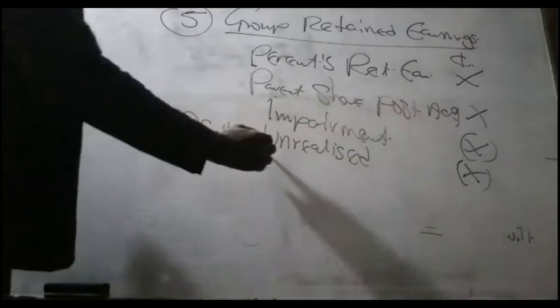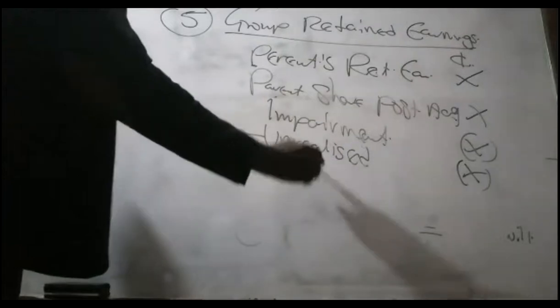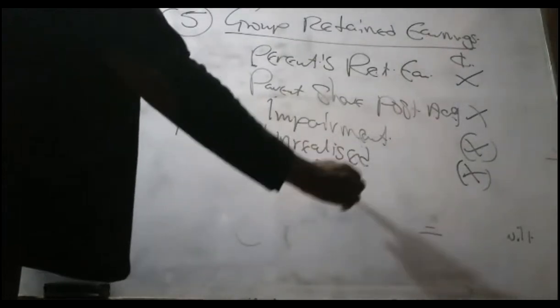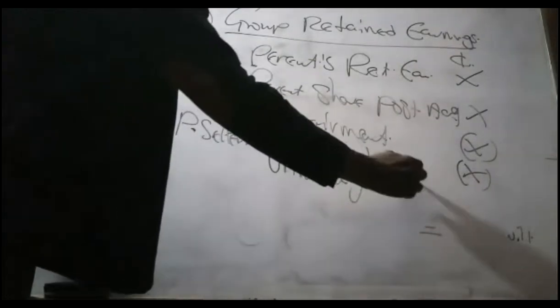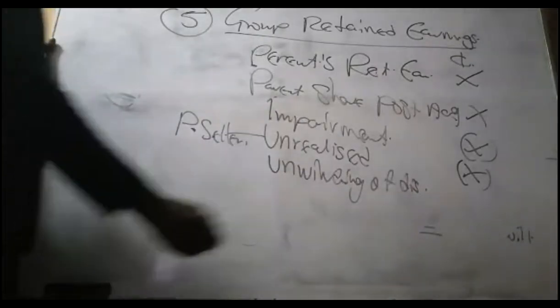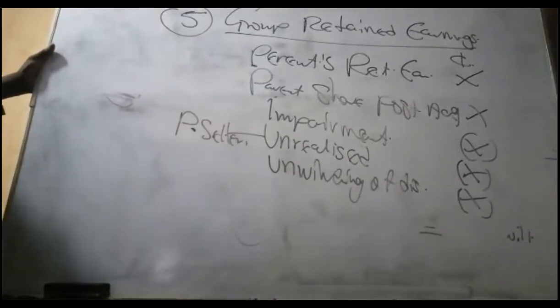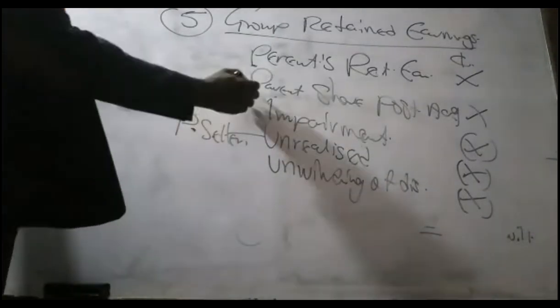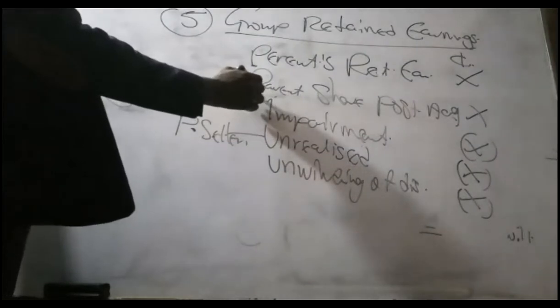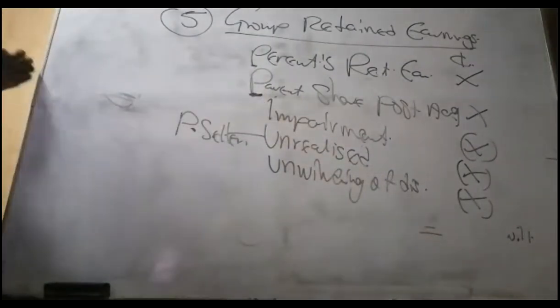Unwinding of discounts will affect the group retained earnings. Then you add associate profit. When I treat associates, you come and add the parent share of associate profit.